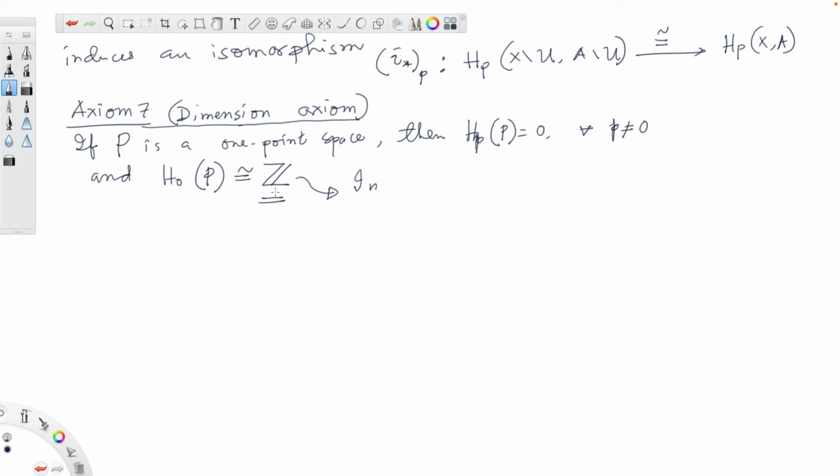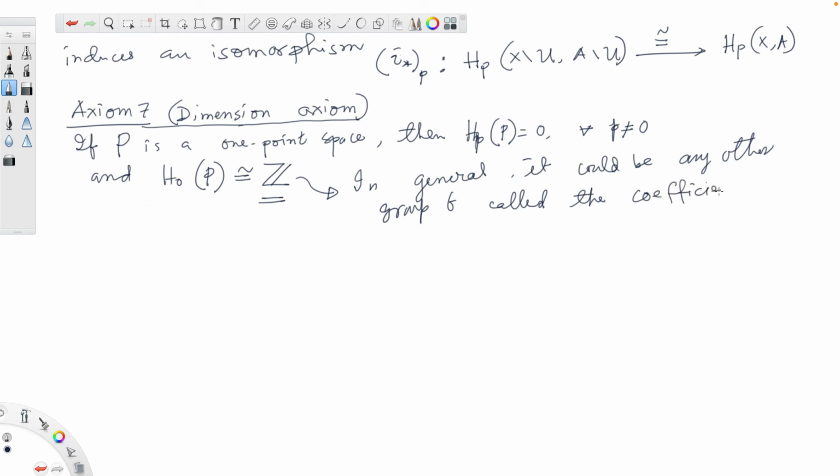In general, we have written it down to be isomorphic to Z, following Moncrief, but in general, it could be any other group G called the coefficient group. This has a name, it's called a coefficient group.